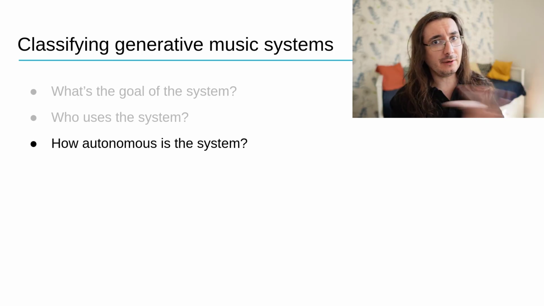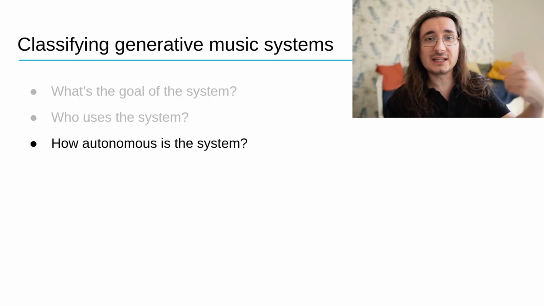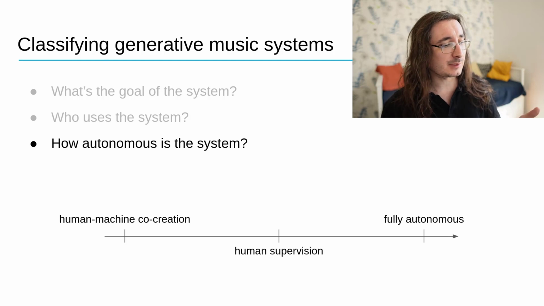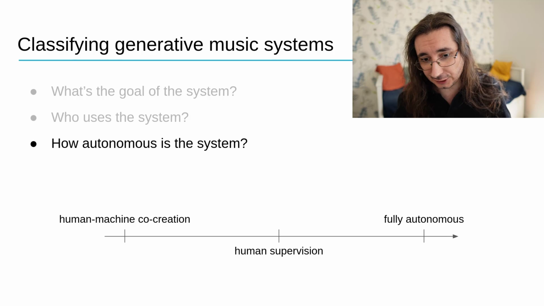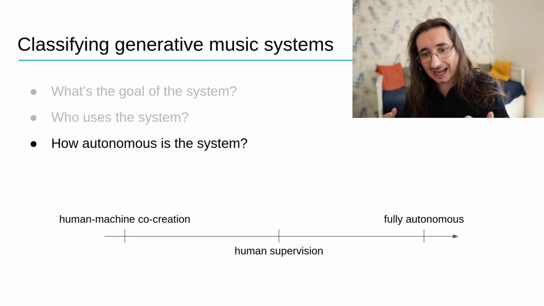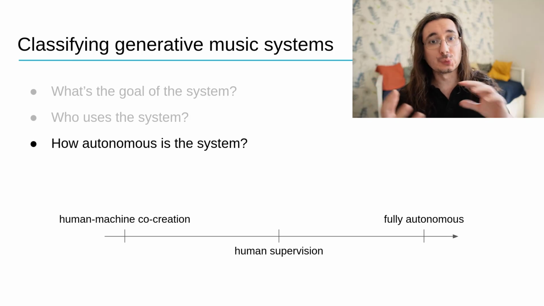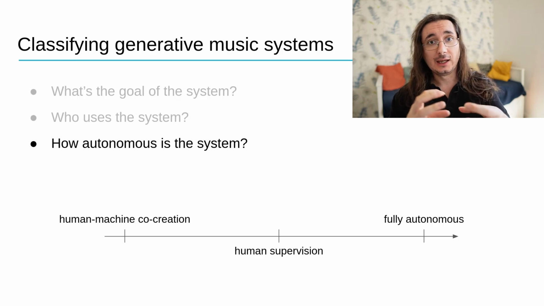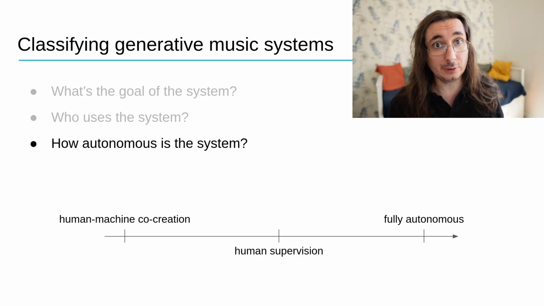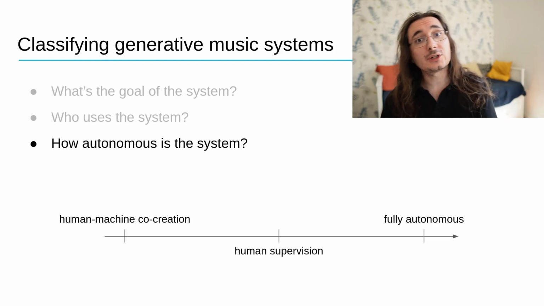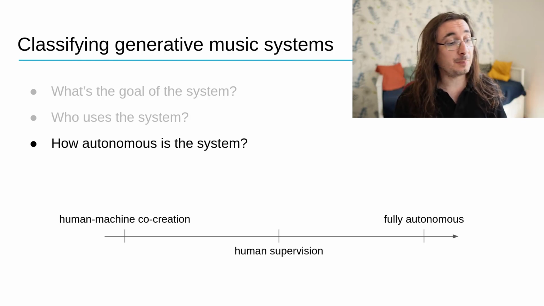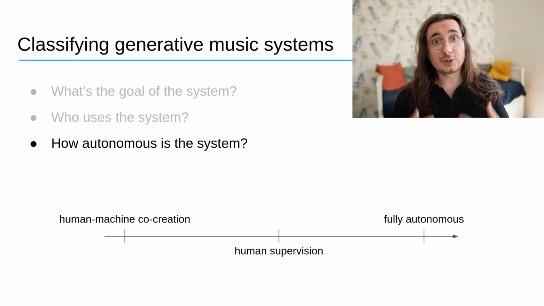And I think we can think of this question in terms of a spectrum. On the left end of the spectrum, we have human-machine co-creation and collaboration. So here, the machine and the human user are really intertwined and work together in order to create something musical. But then the more we work our way towards the right-hand side of this spectrum, the more the machine takes over.